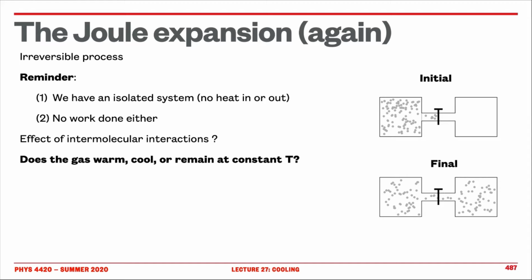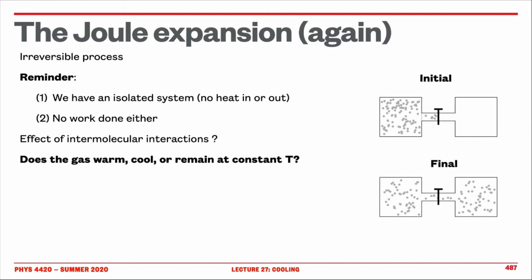Now, I've insisted quite a bit on this, so it's a good reminder. For an ideal gas, the internal energy only depends on the temperature. So here, since the internal energy does not change, that means the temperature does not change. So the Joule expansion of an ideal gas is not accompanied by any change of temperature.